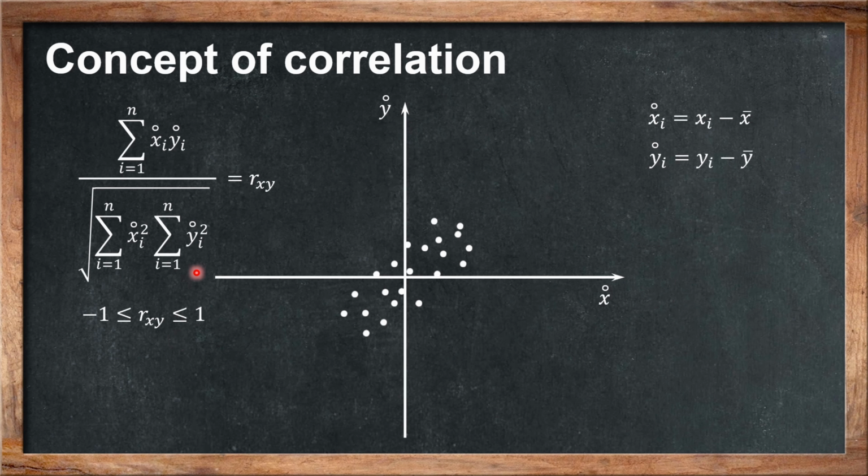So what this normalizing denominator does is just bound the whole fraction to fit in this very range from -1 to 1, so that we can compare different data sets and the strength of the relation between different variables.